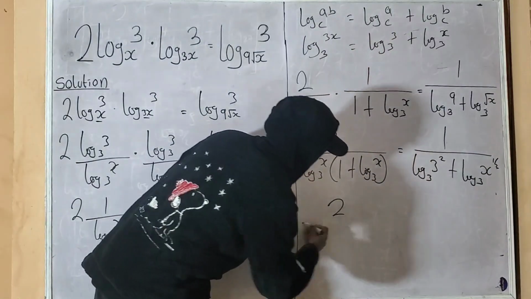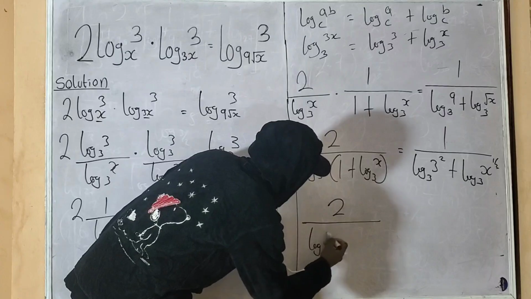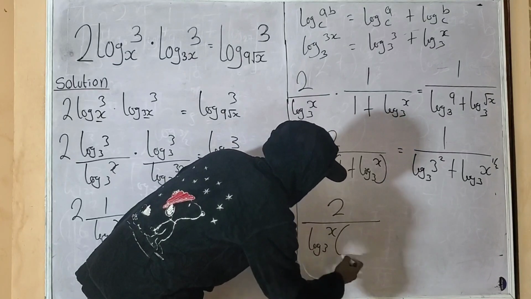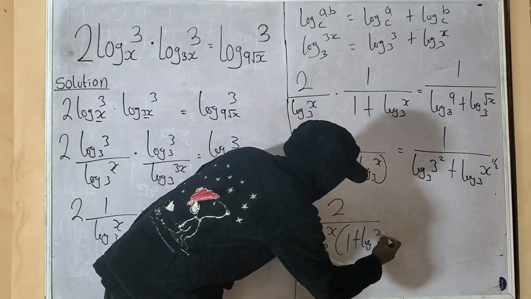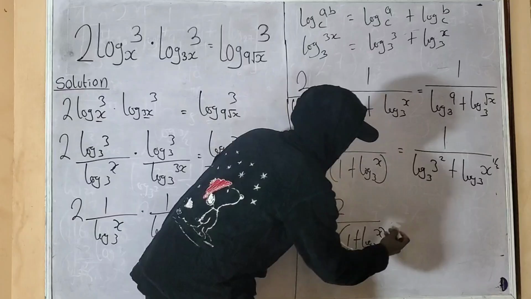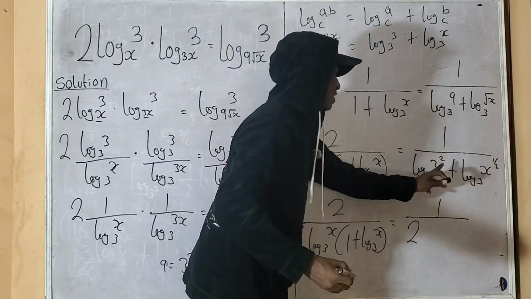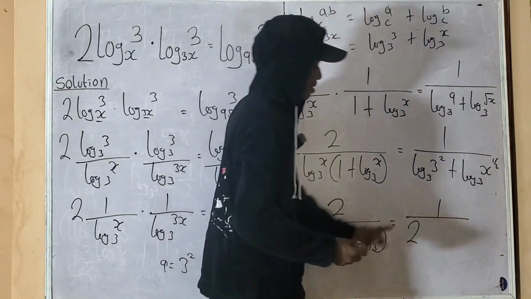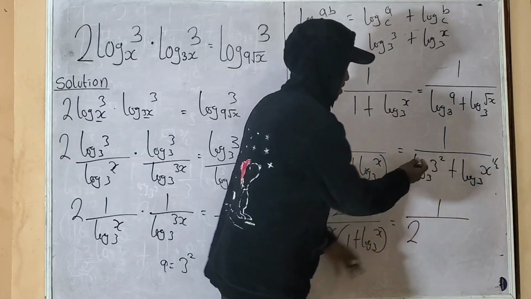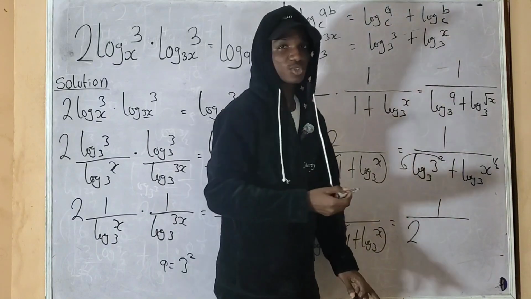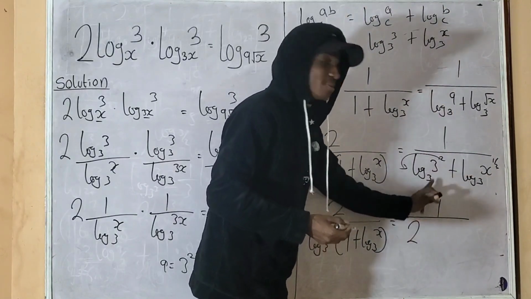From this point, we're going to have 2 over log_3 x multiplied by 1 plus log_3 x equals 1 over 2 multiplied by log_3 3, because this 2 is here, it is going to multiply the log. So we're going to have 2 times log_3 3.